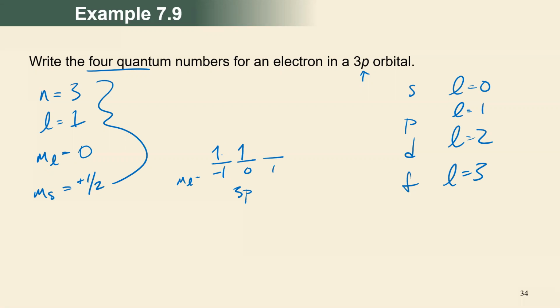There has to be at least one other electron in there. That's okay. And so this is absolutely correct. N equals 3 because we're in the 3p, L equals 1 because we're in the p, M sub L equals 0 because we're in that middle space, and then M sub S is a half because we are spin up. Okay.